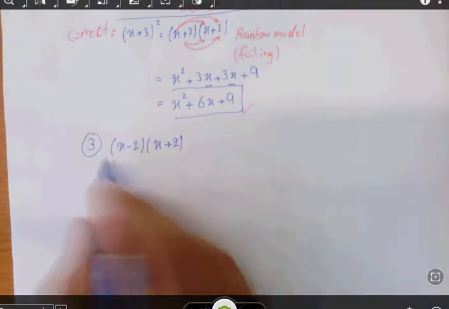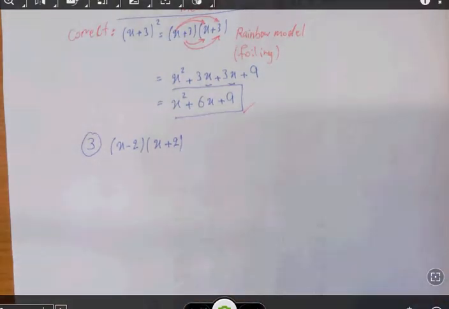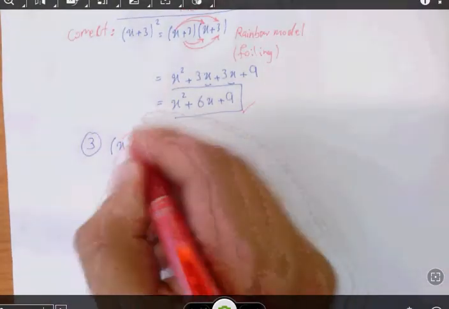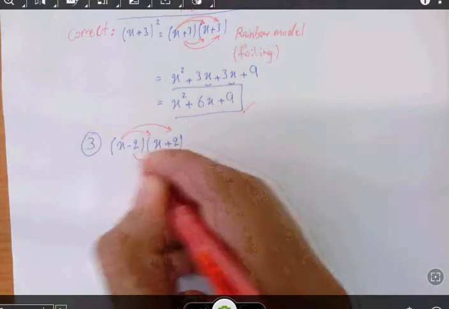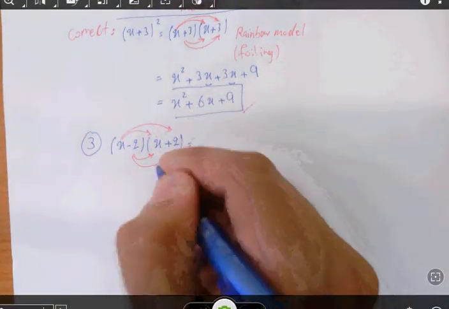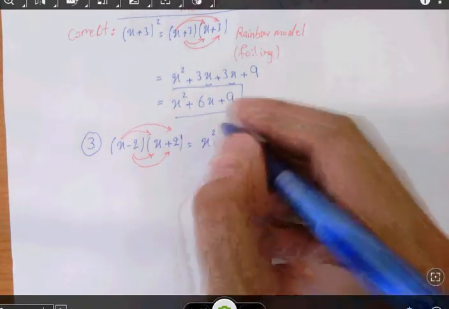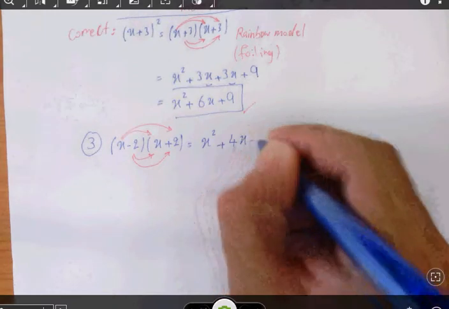Well, if that's the case, should I not just follow the same model? So I follow the same model and I go, I need to go multiply this, and then I take that inside, then I take this one inside, and I do that as well. So this will look like something like x squared, and if I want to do it in my head very quickly, plus 4x minus 4.